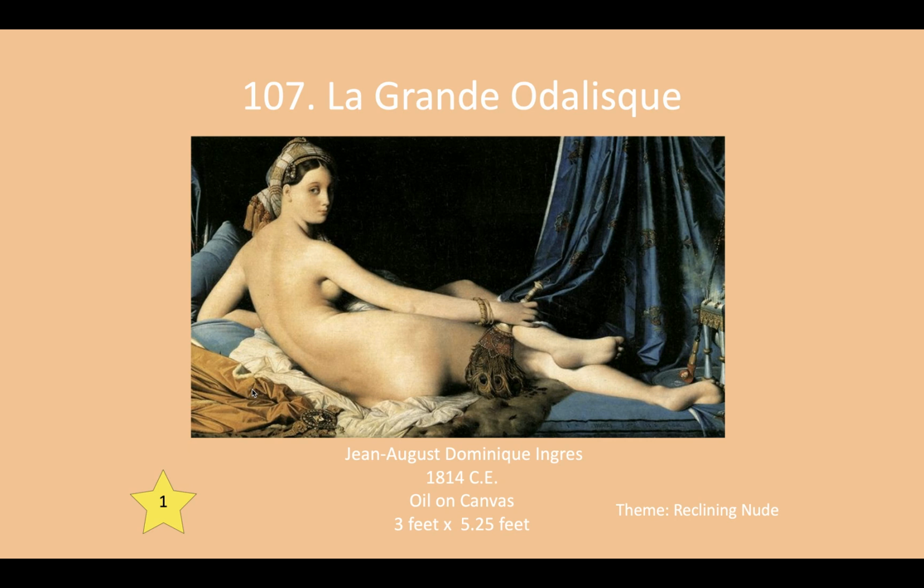And by the time this was finished, Napoleon was no longer in power. They no longer had power in Naples either. And Ingres needed to find another buyer for this piece. So this is at the Louvre, by the way, in case you want to know where it is.